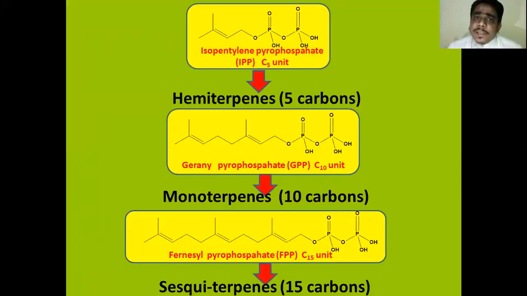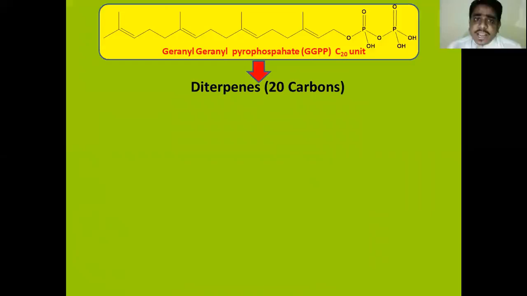Farnesyl pyrophosphate, FPP, contains 15 carbon atoms. In nature, sesquiterpenes also contain 15 carbon atoms. So we can say farnesyl pyrophosphate is a precursor for the sesquiterpenes. Geranylgeranyl pyrophosphate, GGPP, contains 20 carbon atoms.